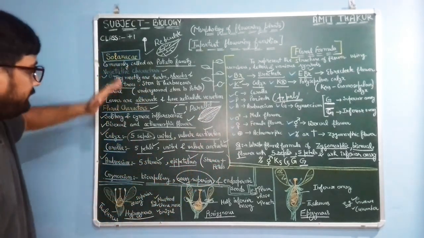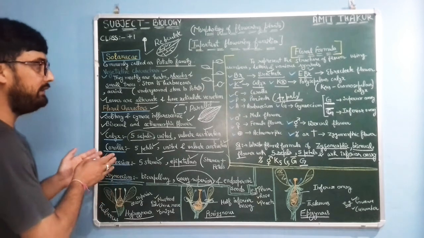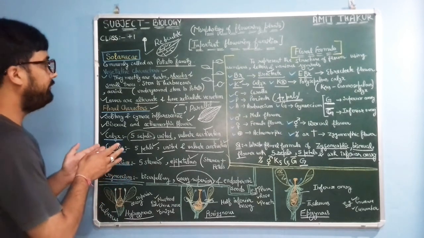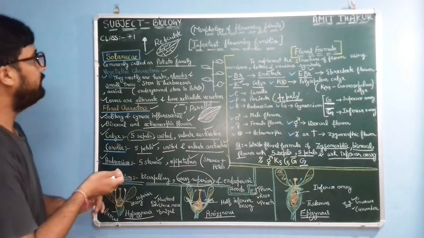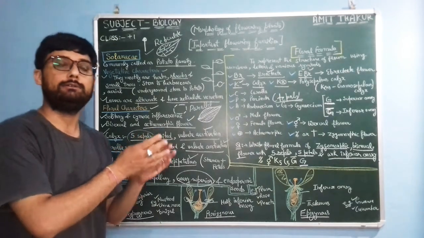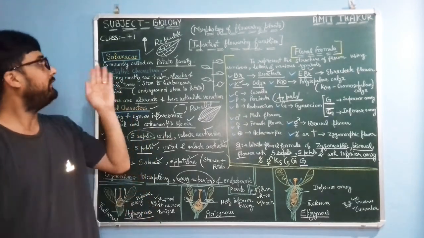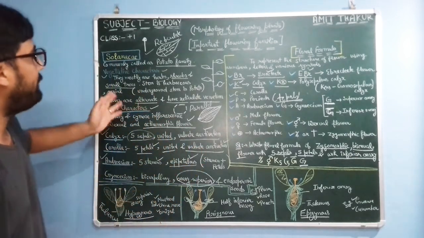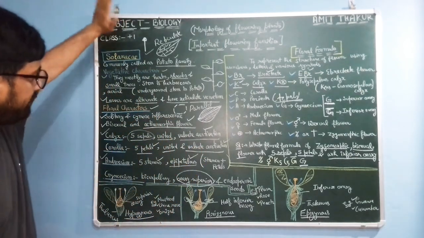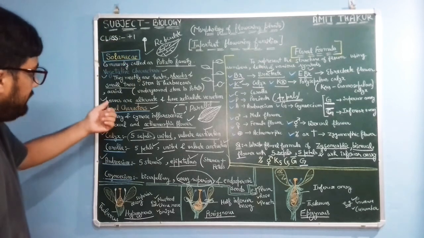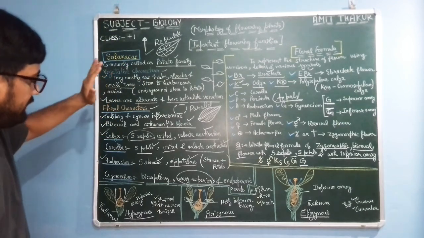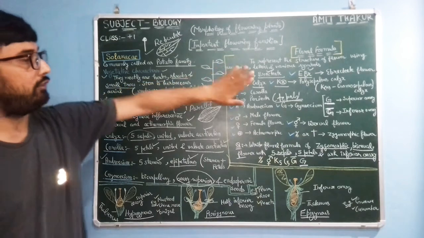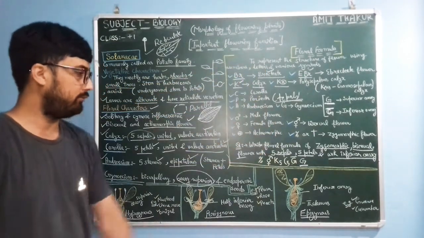And this is the Solanaceae family. Actually, this year we have to study only one of the families, either Solanaceae or Liliaceae. So we are studying Solanaceae, and we have discussed all the characters, floral characters, vegetative characters, and the floral diagrams and floral formula.